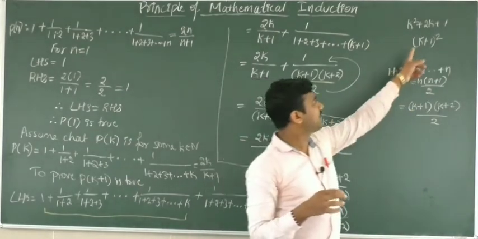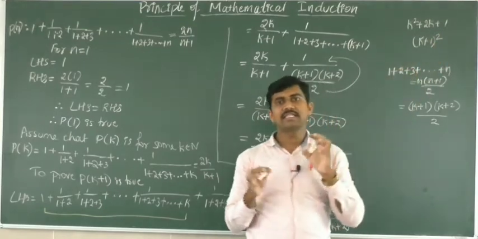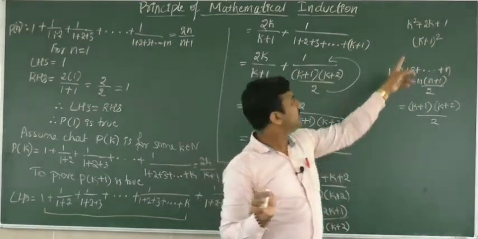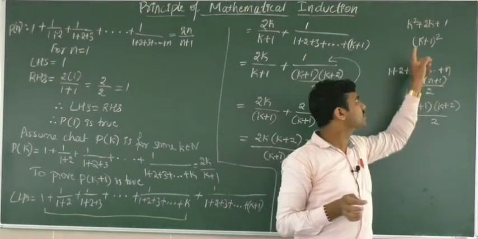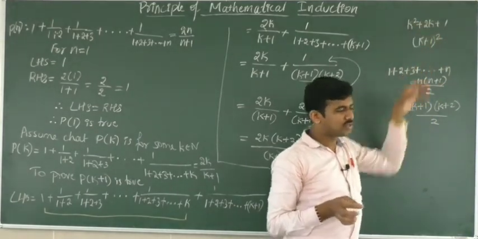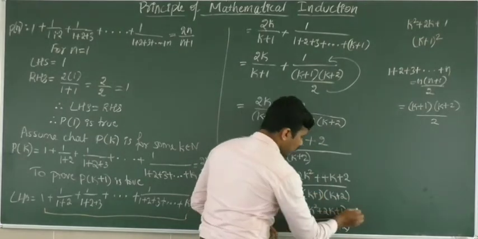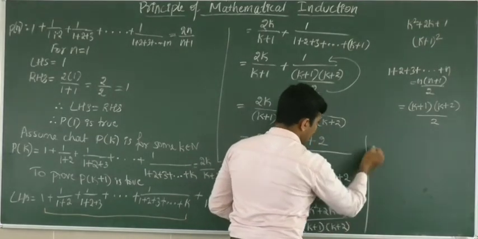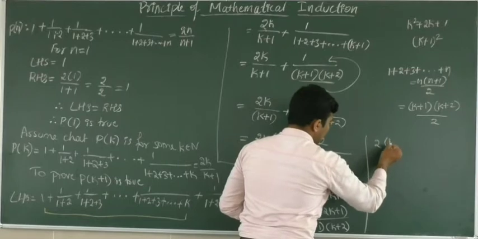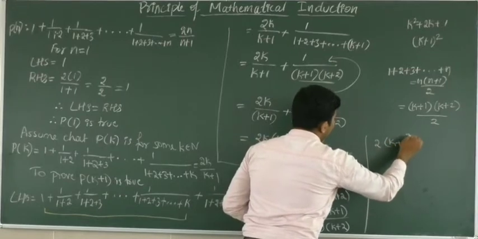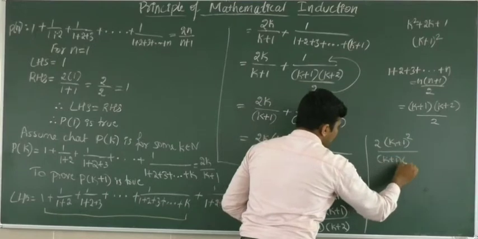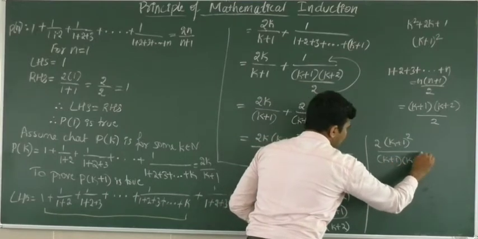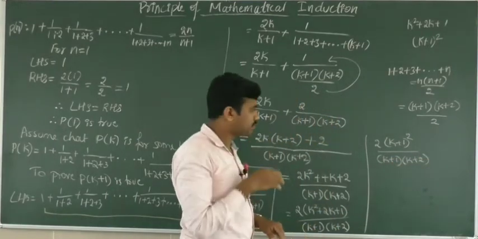So k plus 1 whole square is k square plus 1 square plus 2 into 1 into k, that is 2k. So I can replace the numerator as 2 into k plus 1 whole square divided by k plus 1 into k plus 2.